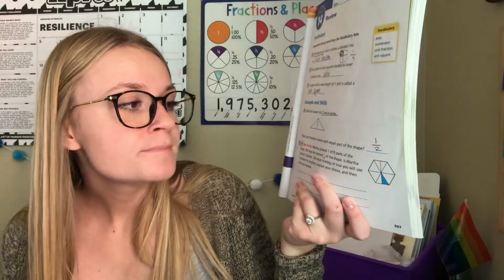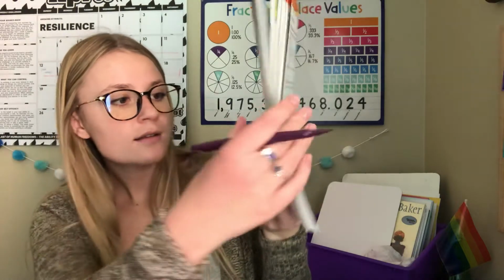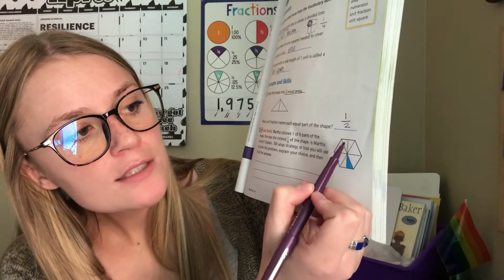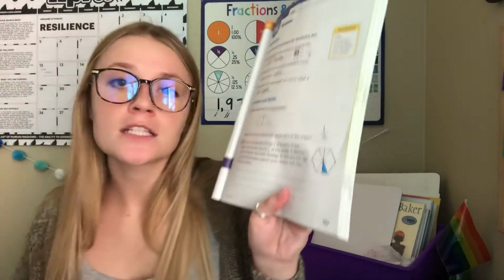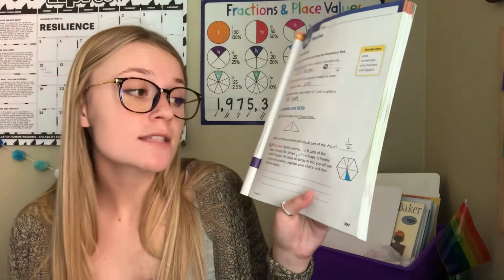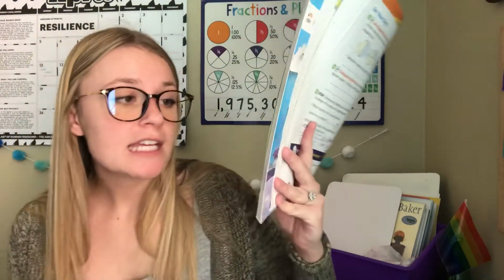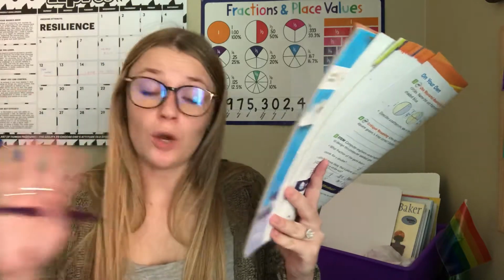She is saying that she colored 1/8 of the shape. So I'm going to count these pieces. We have 1, 2, 3, 4, 5, 6, 7, 8. So we do have 8 parts in this hexagon, but are those 8 parts equal to each other? Just by looking at it, I'm thinking, no way.